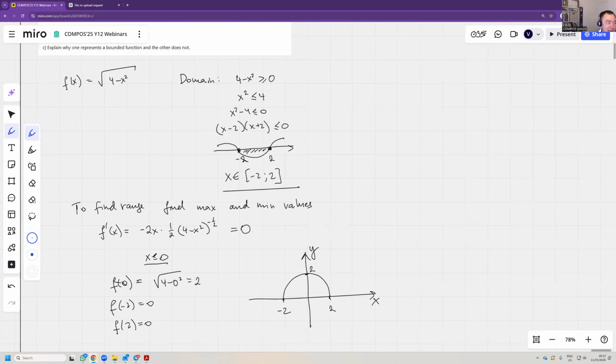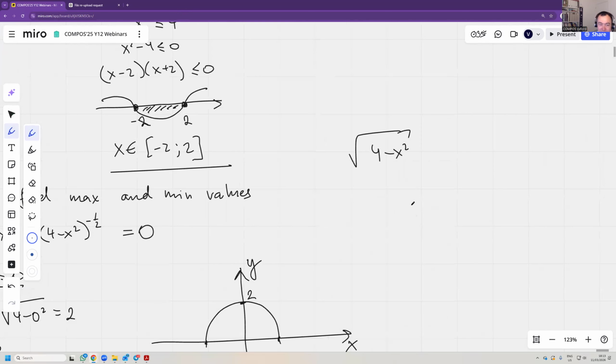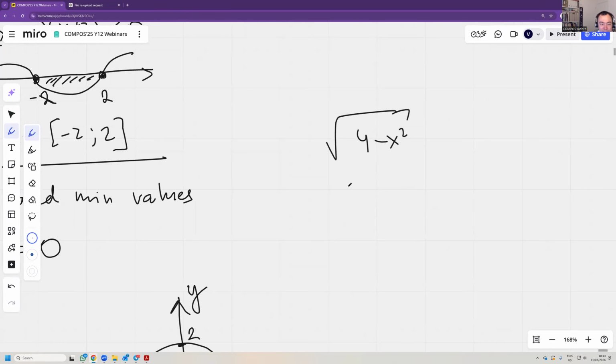But you could also just look at this. Well, square root of 4 minus x squared. Well, x squared is always positive, right? So 4 minus x squared is maximum when x is 0.